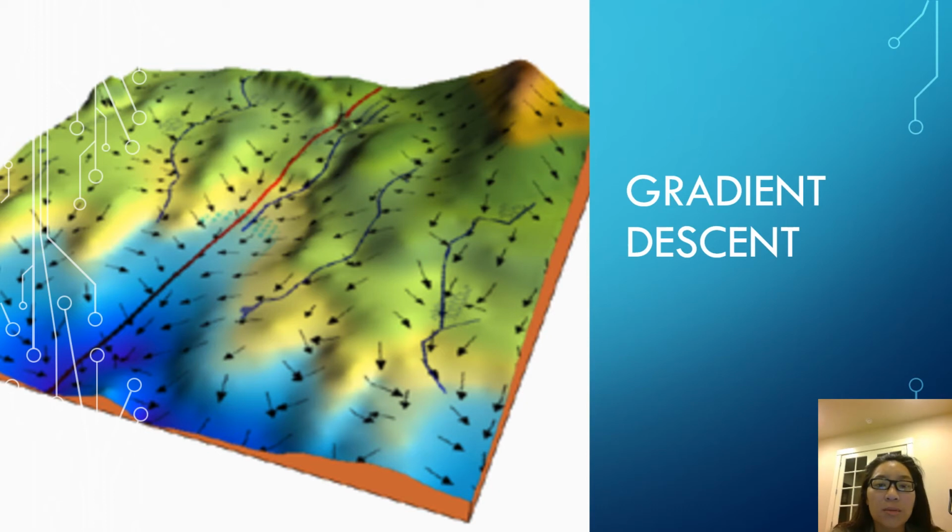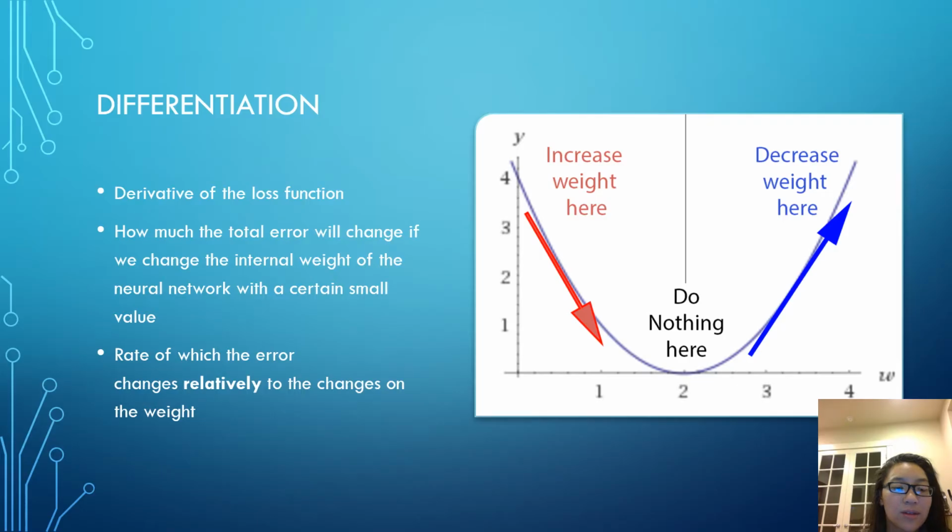Our goal is to move from the mountain in the top right corner, the high cost, to the dark blue seas of the bottom left, the low cost. The arrows represent the direction of the steepest descent, the negative gradient. From any given point, it is the direction that decreases the cost function as quickly as possible. So in the differentiation process of our neural network, we take a derivative of the loss function.